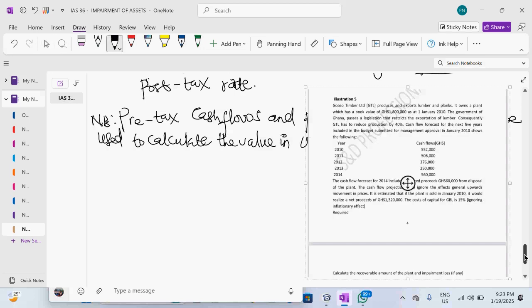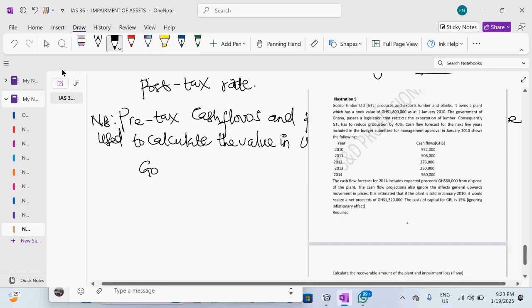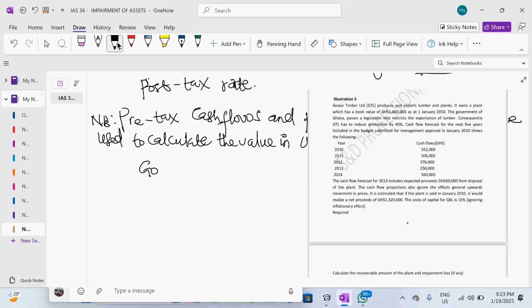So start with our illustration. This one is 5. Books of Timber Limited, right?